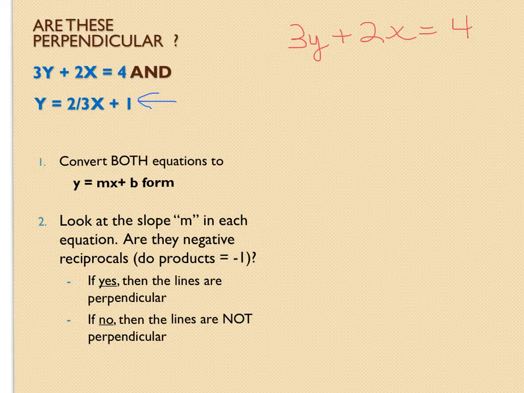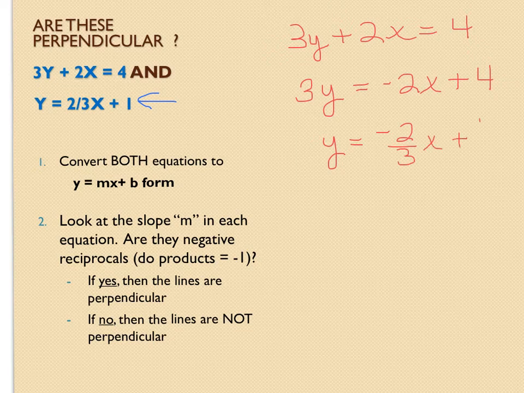The 2x needs to be relocated to the other side. So 3y equals negative 2x plus 4. I need to divide through by 3. So now I'm in y equals mx plus b form.